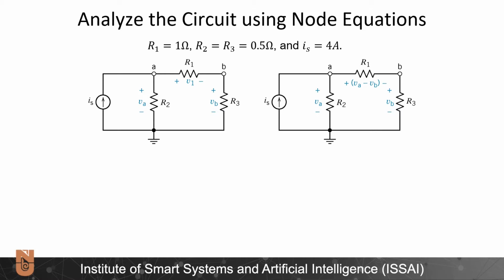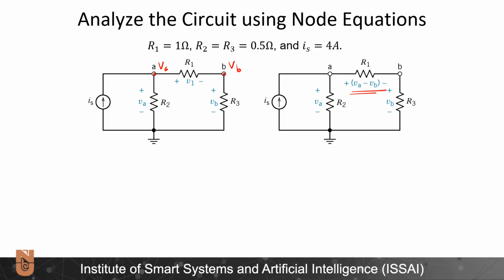We need to analyze the circuit, and I start by defining my node voltages. Here I have VA and here I have VB. Accordingly, I can define the voltage over this resistor as VA minus VB. Now, what do I need to do?